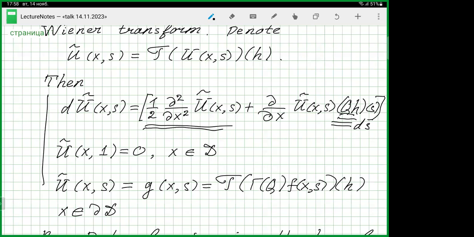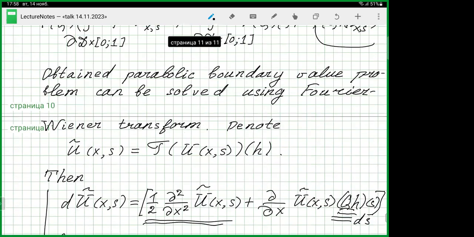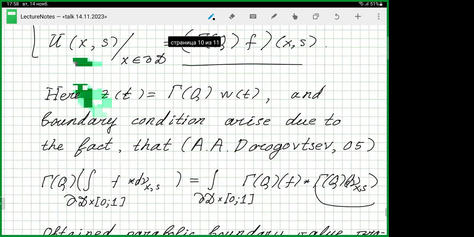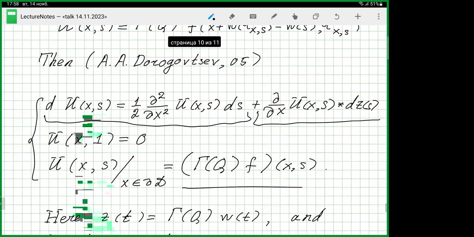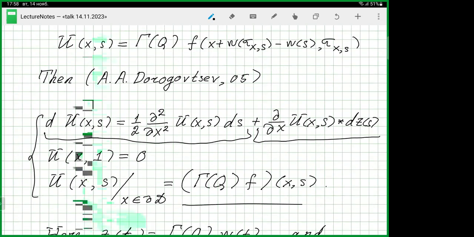I think that only one case when Q is equal to the identity is such. No, we don't use this. Well, maybe you have Q identity plus something Hilbert-Schmidt. No, maybe you are right, but I don't care about this.